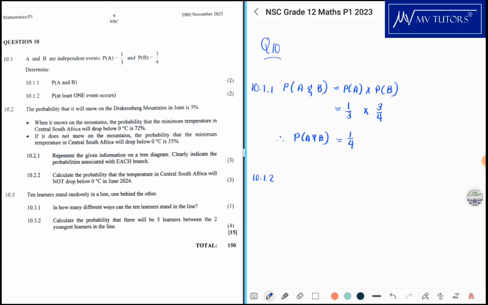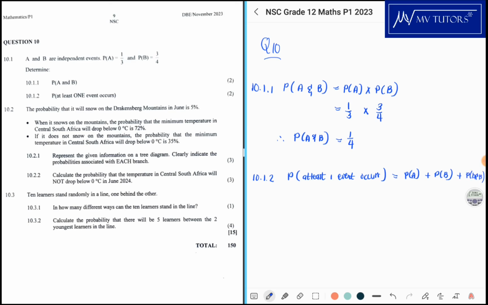Yeah, what's 10.1.2? Determine the probability of at least one event occurring. So if it's at least one event occurring, that's basically saying, probability of at least one event occurring, that's basically equal to the probability of A alone, and then you have, because that's at least A happening, or at least B happening, or at least A and B happening.